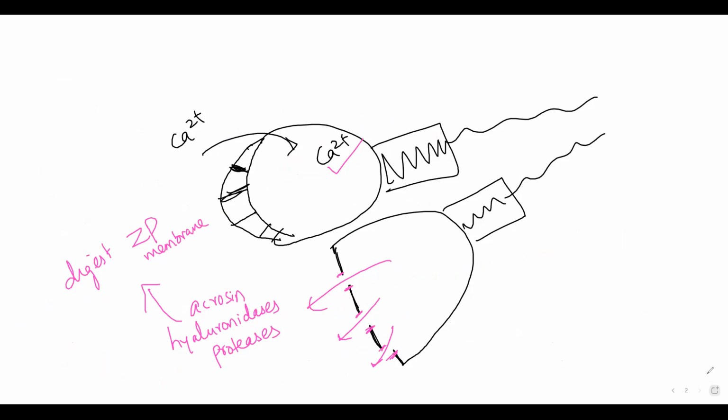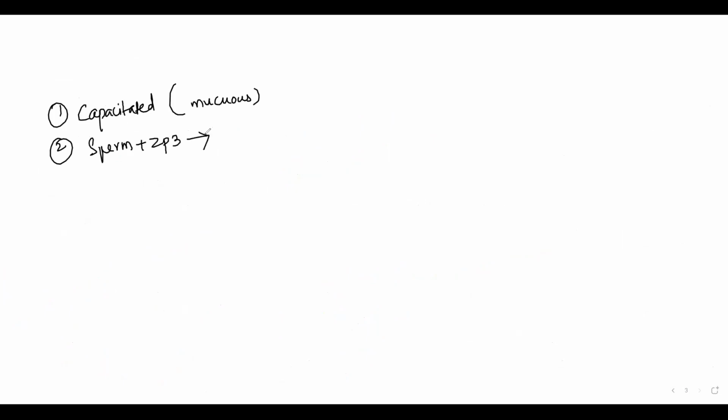So what have we learned here? First thing is the sperms have got capacitated. This was being seen by whom? By the mucus of the uterus, by the vagina, by the fallopian tube. Next, the capacitated sperm came, they bound with the ZP3 receptors. Later, what has happened?